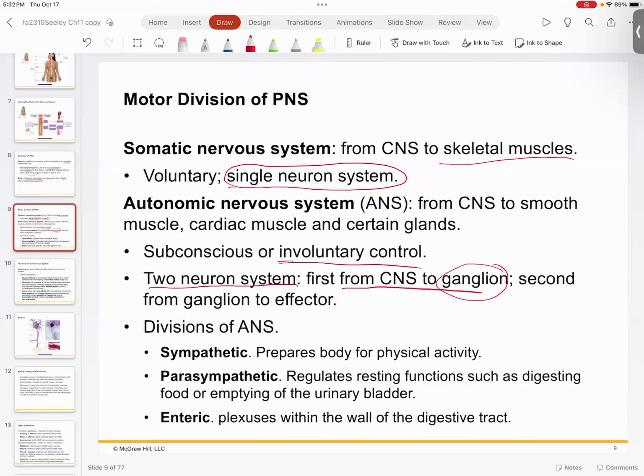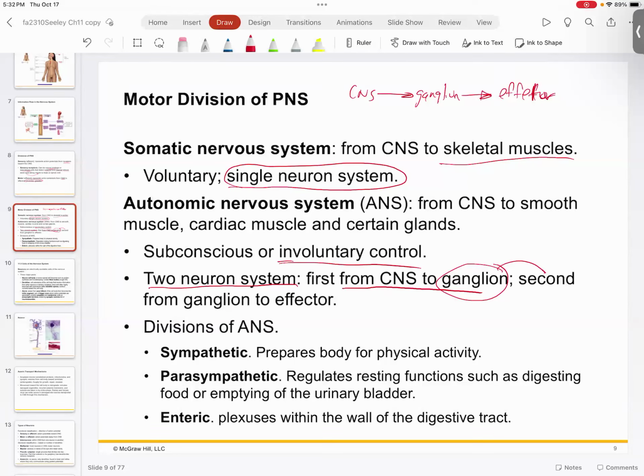And then from the ganglion, it's going to go to the second destination, which is your effector. So it goes from CNS to the ganglion, and then from the ganglion to the effector.